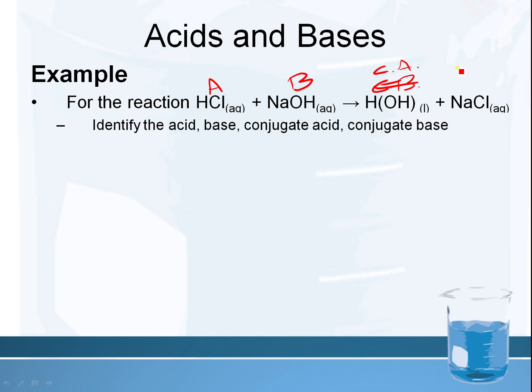This is going to be my conjugate acid, and this is going to be my conjugate base. So the conjugate base is what's left over after the H left. It seems kind of weird to put that sodium there, but normally when we do acids and bases, sodium is soluble on both sides, so we normally don't include it. So in this example, the conjugate base would really be the Cl ion.